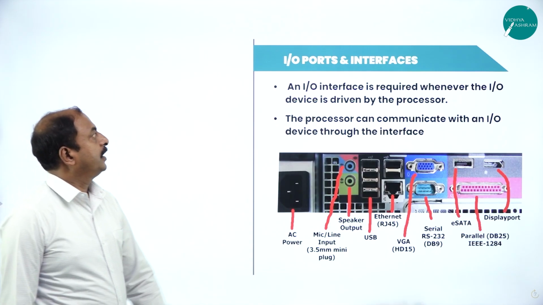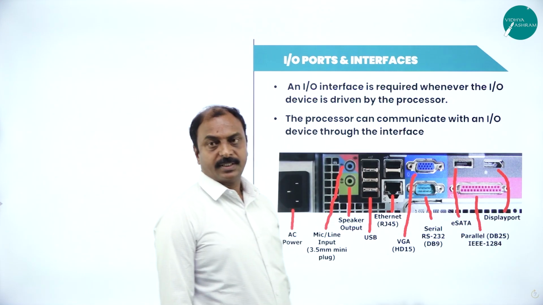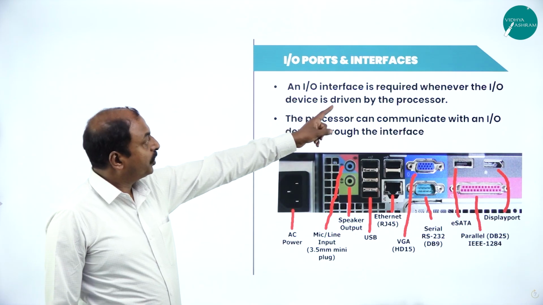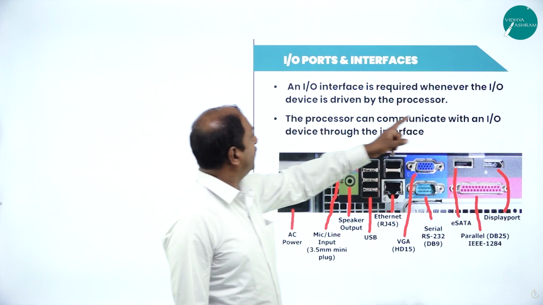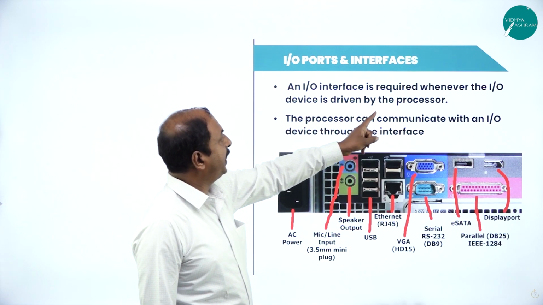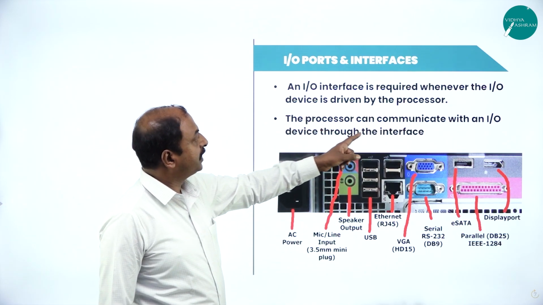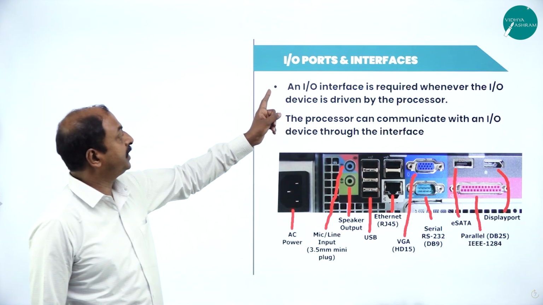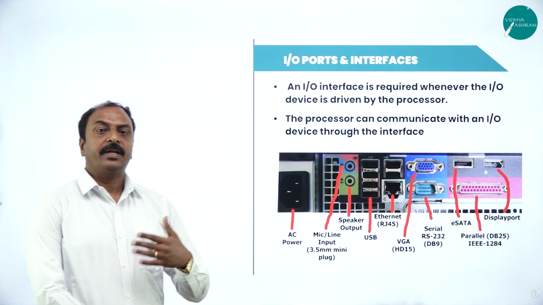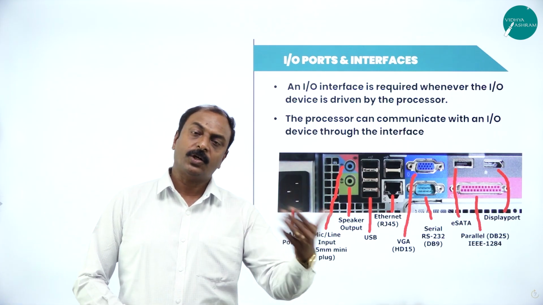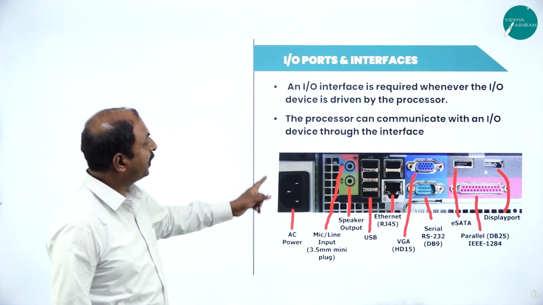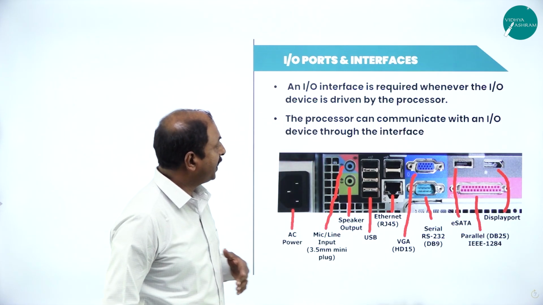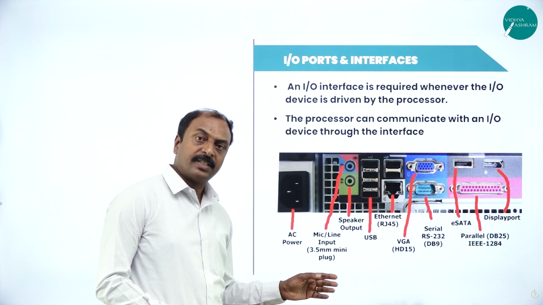Next one is IO ports and interfaces. Here IO stands for input, output. An IO interface is required whenever IO devices are driven by the processor, and the processor can communicate with IO devices through this interface. Now, if you look at the rear side of your CPU, you can find one card like this, and here we can see different types of interfaces and ports.